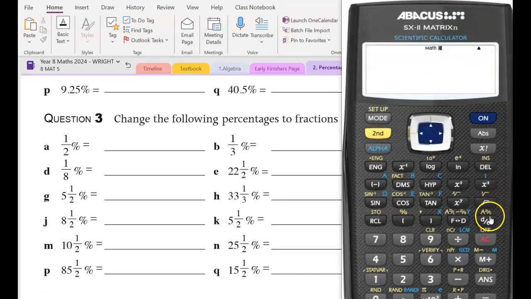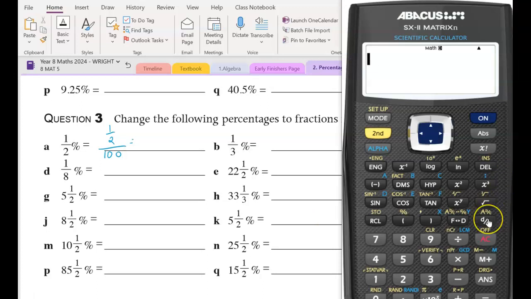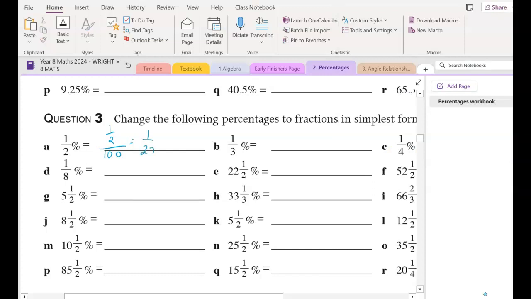So when I want a half, and I want to put a half over 100 in this case, what I can actually do is press my fraction button twice and then pop my half on the top and pop it over 100, and I end up with 1 over 200. And that's my answer for that one. So you can do that for most of these, okay?